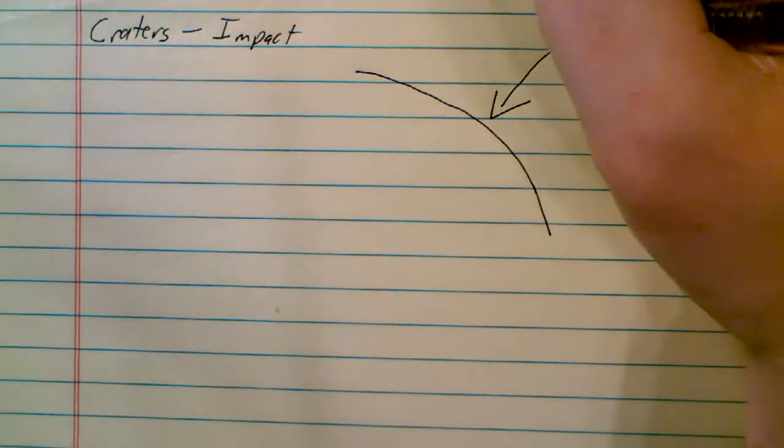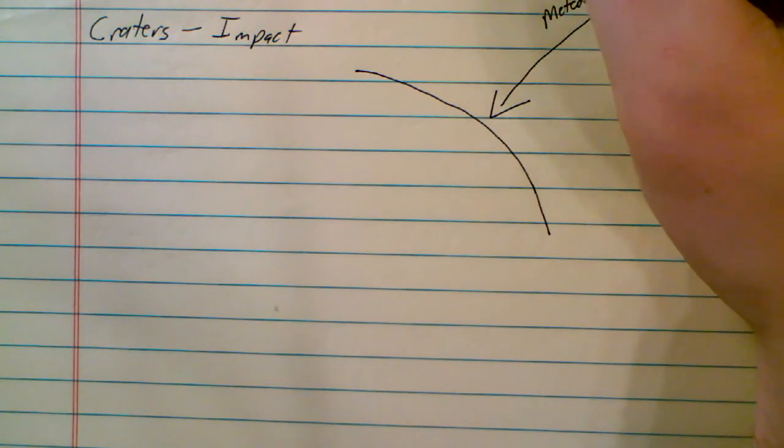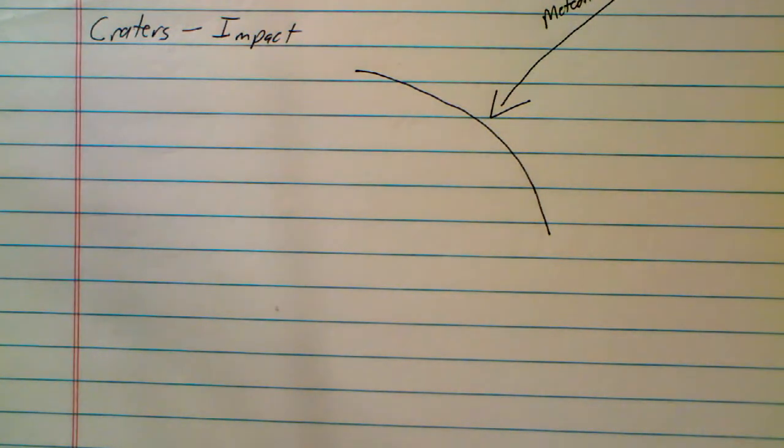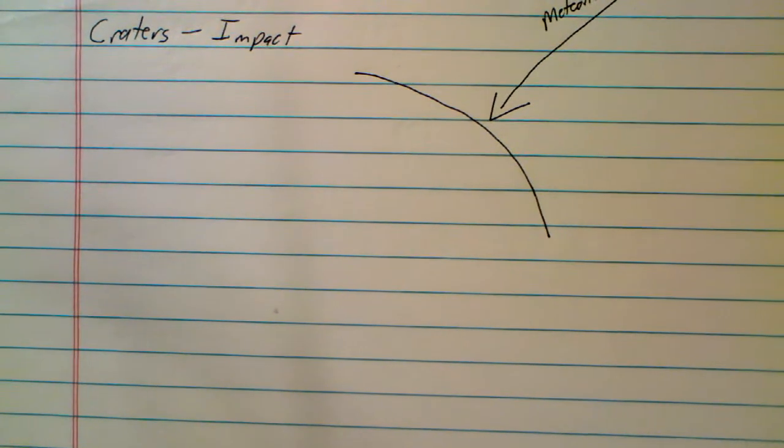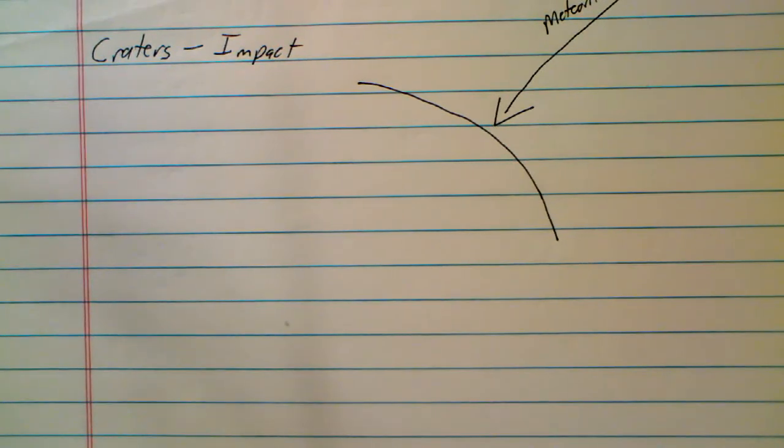So that would be your meteorite. And a meteorite is a meteor that contacts the Earth's surface. Okay, so objects crash into the surface.